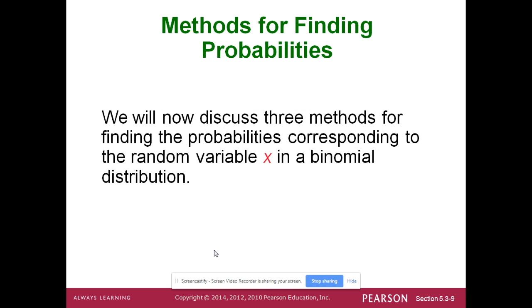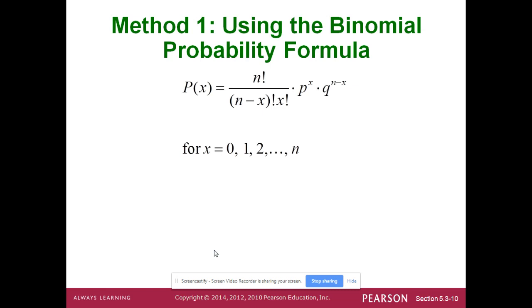Methods for finding probabilities. So we're going to talk about finding those probabilities for X number of successes. Here's the formula. N factorial over n minus x factorial, x factorial. Should look familiar. P to the x, what's P represent?